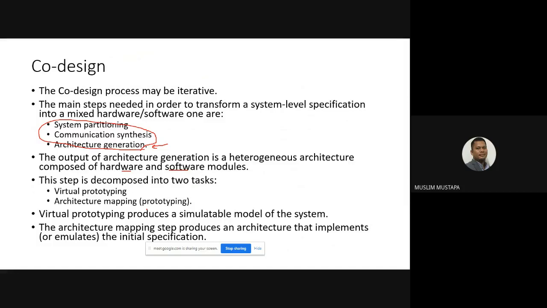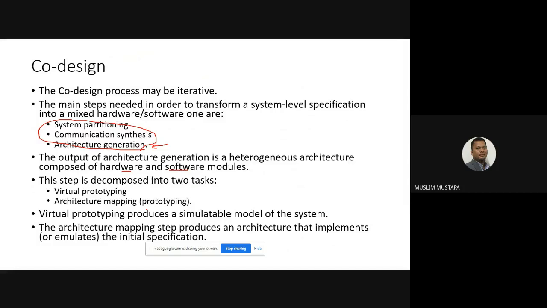You design the hardware, then design the software, then simulate it, just to see how the output works, whether it functions as you want or not. If it does not function as you intended, you have to change the design until you get whatever function you need.